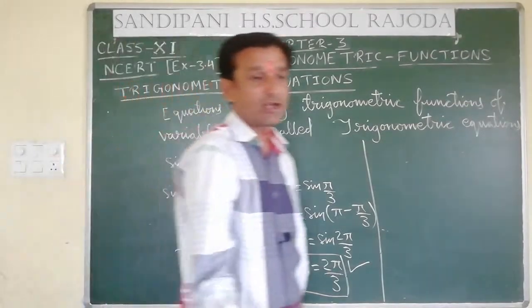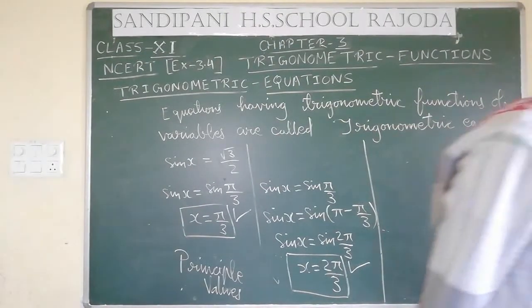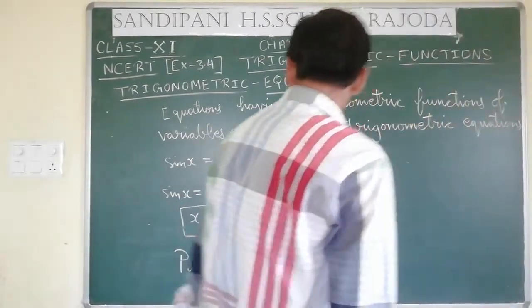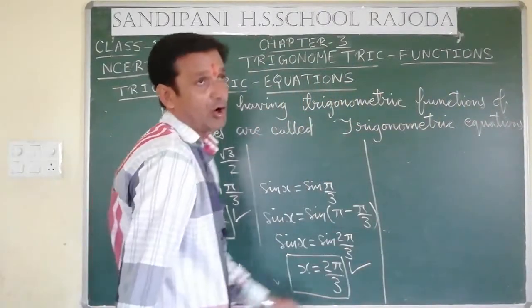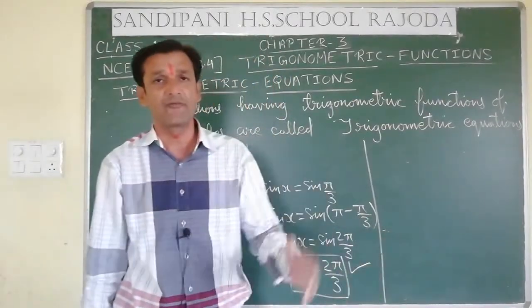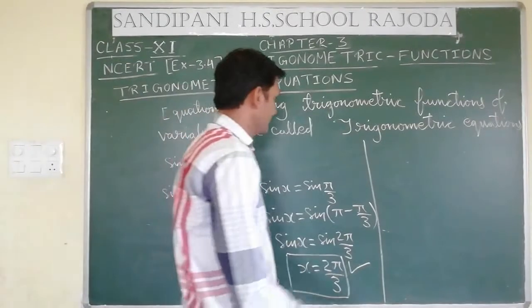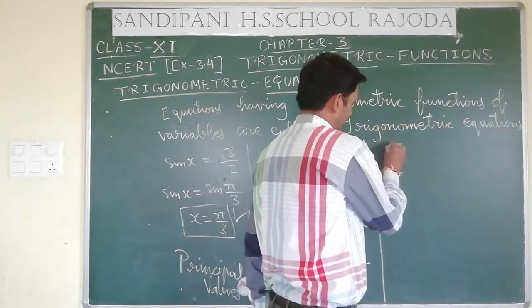Now some general solution is also there for that. It is principal solutions or principal values, called in Hindi mukhya maan, we can say. So principal values are these values, and another part is the general value.